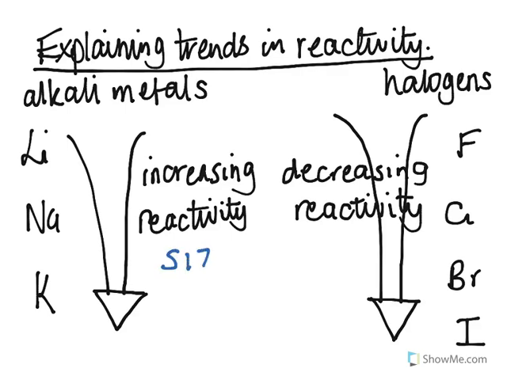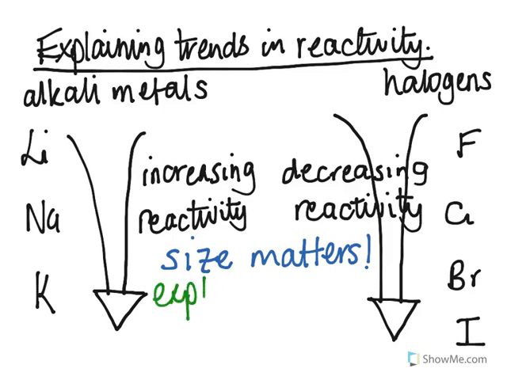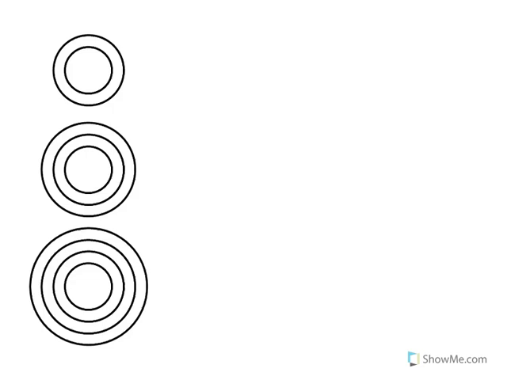So here, as in other areas of chemistry, size actually does matter, and this is in fact the key to explaining the trend in the reactivity down both of these groups. So here I will explain what I mean by that.